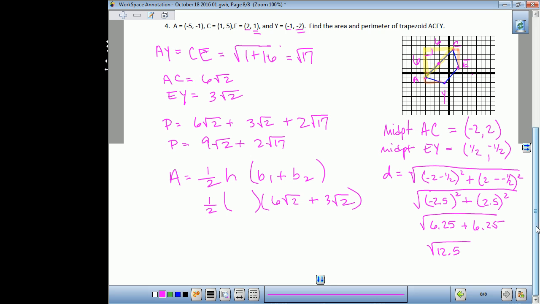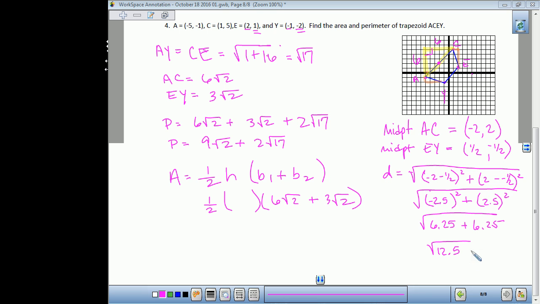No. It has to be a fraction. Square root. So what are we gonna do? Can you do the square root of a decimal? It'd be really ugly, like 3.5355. I mean 2 times the square root of 3.125.